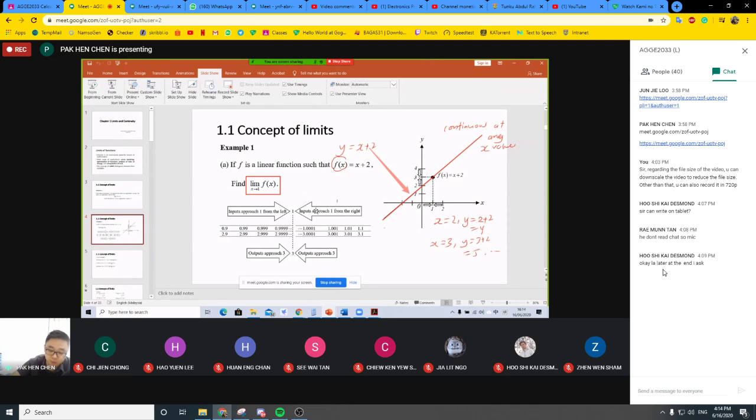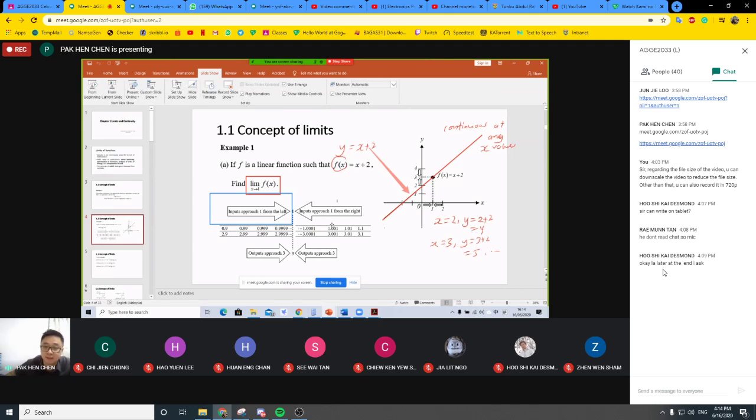About this input: x approaches 1 from the left, which means x equals 0.9, 0.99, or 0.999.